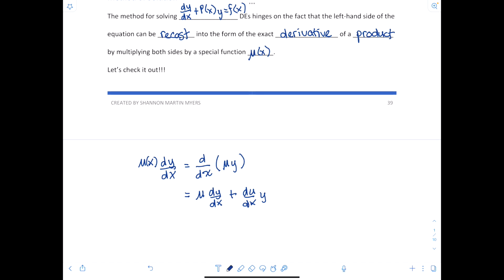Groovy? Which is mu dy/dx plus mu times p times y. Cool?